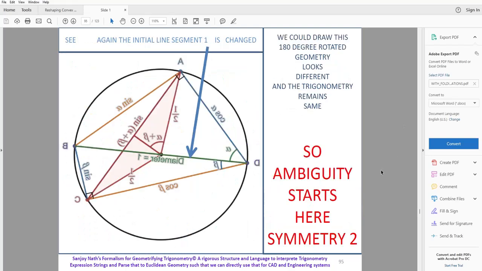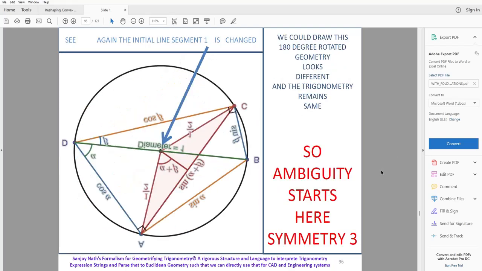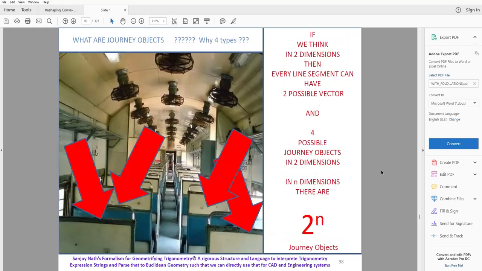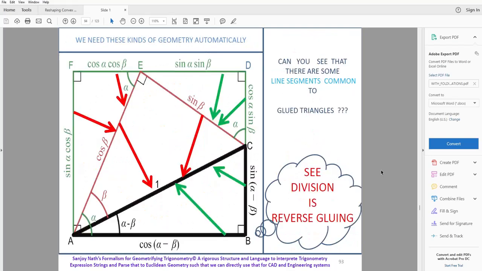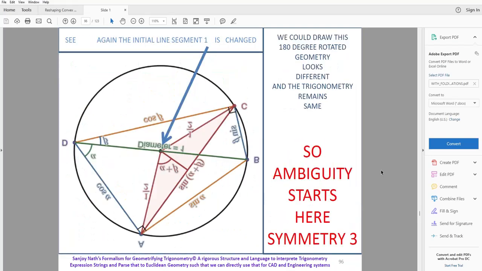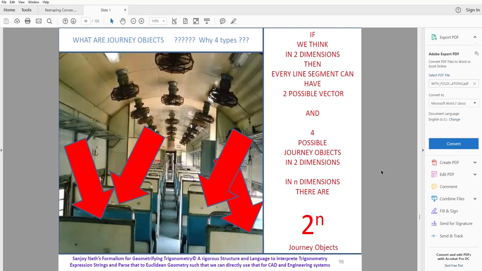Now the different ambiguities occur because of the orientation of constructions. We have shown that the position of the one is changing in different cases for the same picture. Here we have shown that we can get the go vector and return vector on the same plane, sitting on different seats, if neck rotation is not allowed, if you are not allowed to see backward.